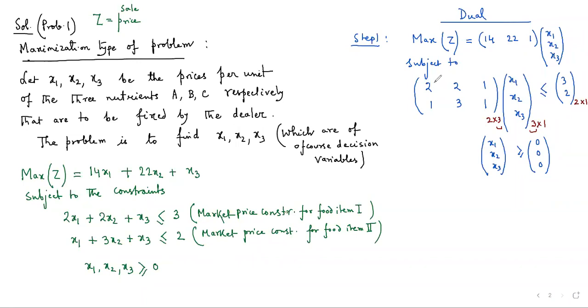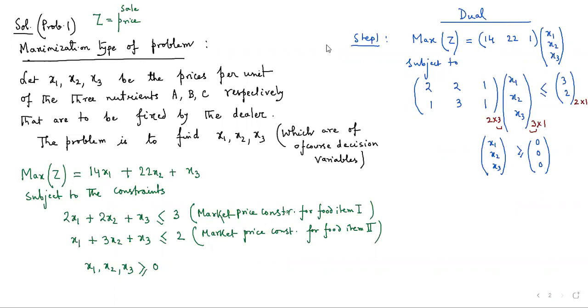Suppose in the primal problem, the inequalities are a mixture: some are less than, some are greater than, some are equality. Then we have to do something to bring all the inequalities into a less than type inequality. That I'm going to explain later on. But here there is no trouble, because the constraints are already all less than type of inequality.